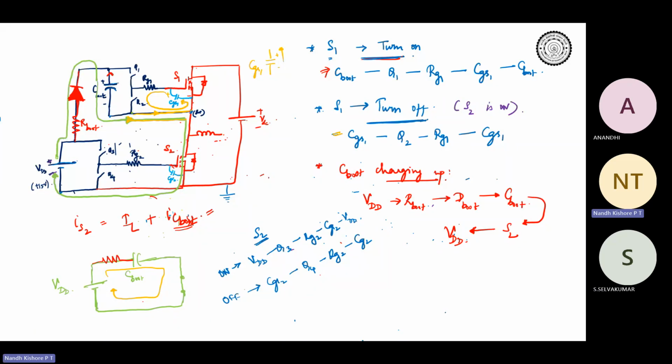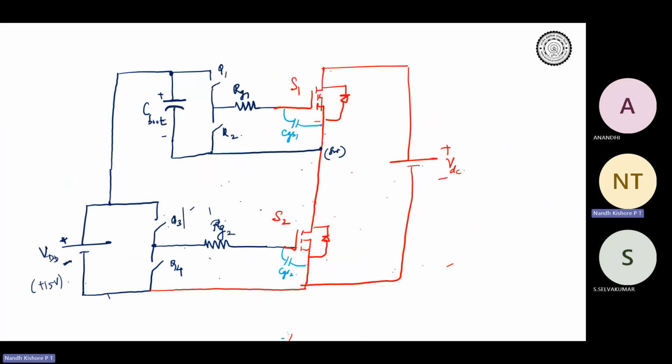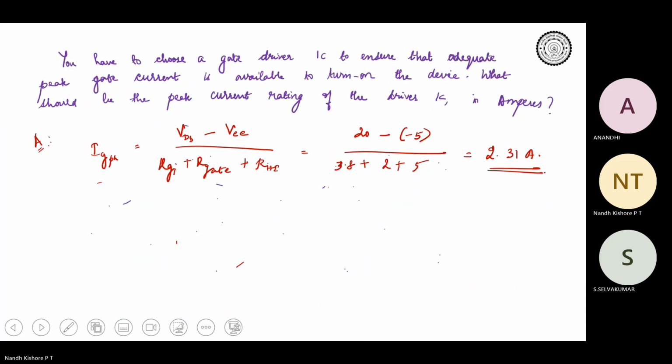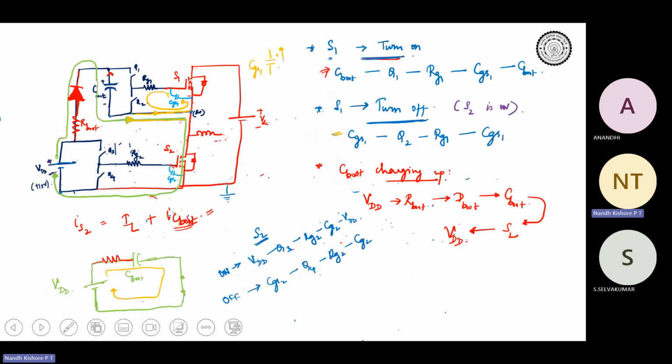Now the point is, if S1 is turned off, S2 will be turned on. So what will happen is the C boot will charge up, right? From VDD, R boot, D boot, C boot, and then through S2 and back to VDD.